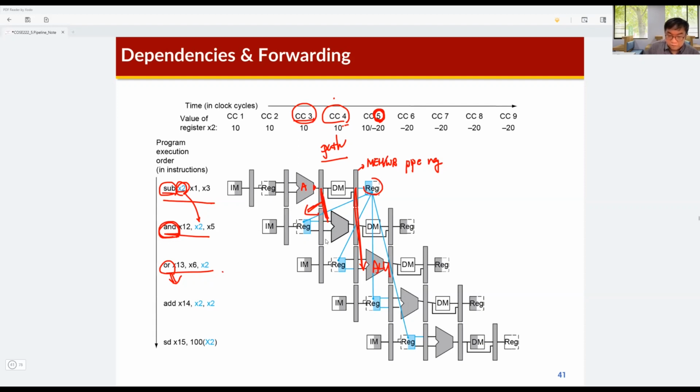That data forwarding is implemented using the result in the EX/memory pipeline register, and the data forwarding path for this one needs to use the data in the memory/write back pipeline register. So we need a different data forwarding path for this data forwarding.